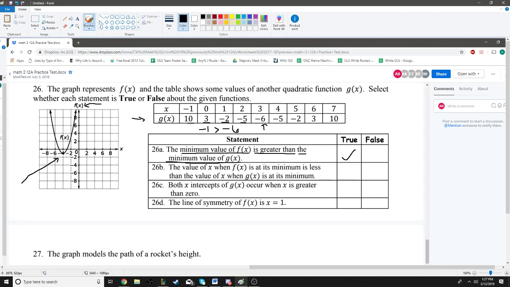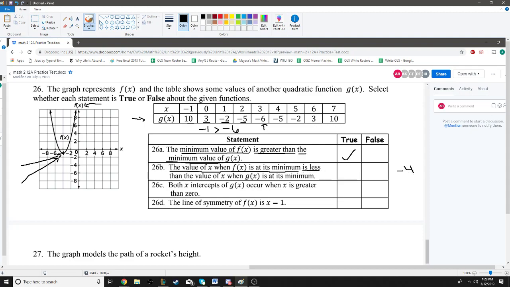Okay. So this next part, this says the value of x when f of x is at its minimum. So now I'm not talking about the minimum value. I'm talking about the x value of the vertex. Again, still looking at that same point right there. The x value is negative 4.